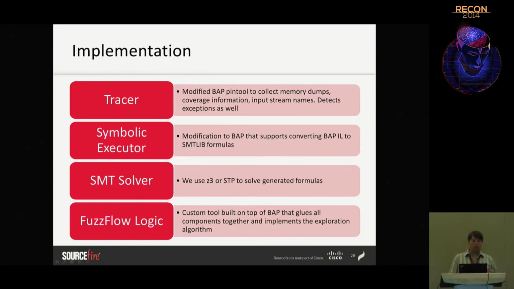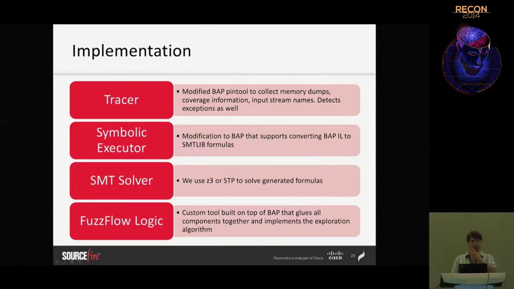And then we have our own symbolic executor that takes the BAP-IL, analyzes it, and converts it to our SMT-lib formulas that we pass off to Z3. Z3 being the solver that we use. I also mentioned that SDP supported, but Z3 has better performance.